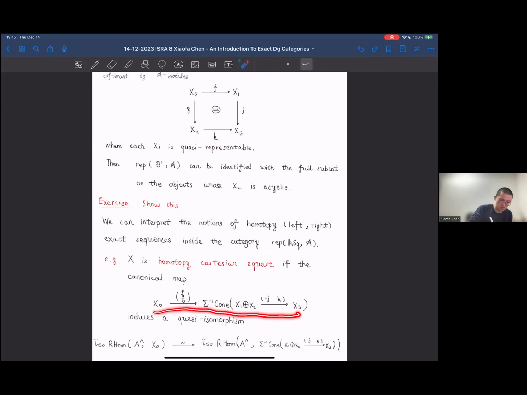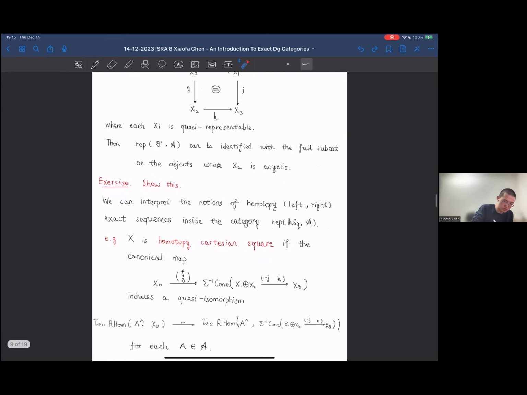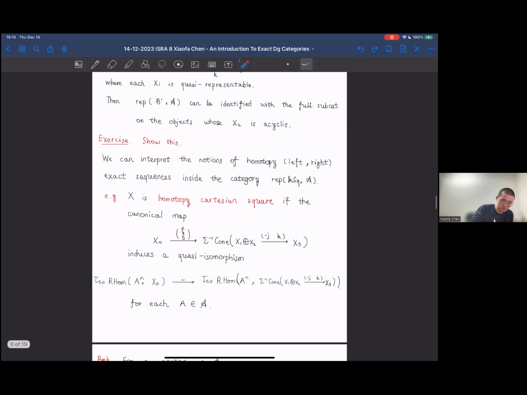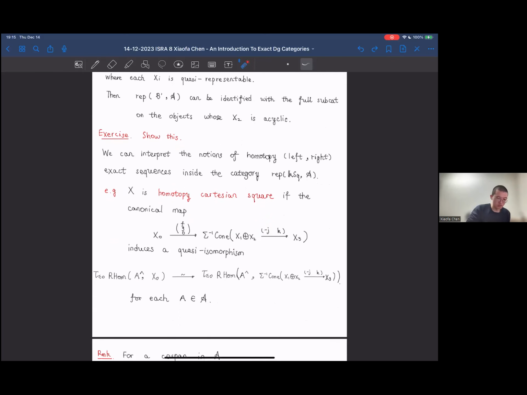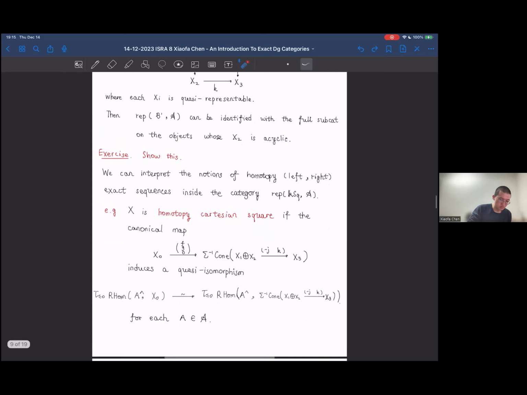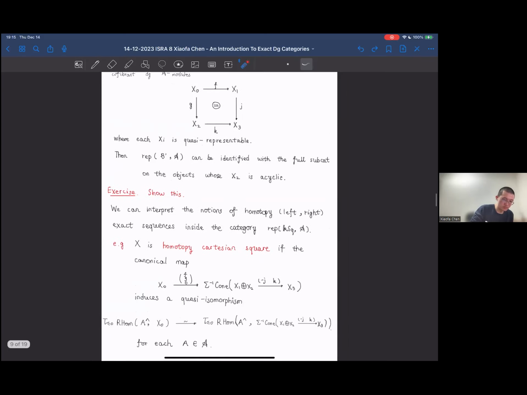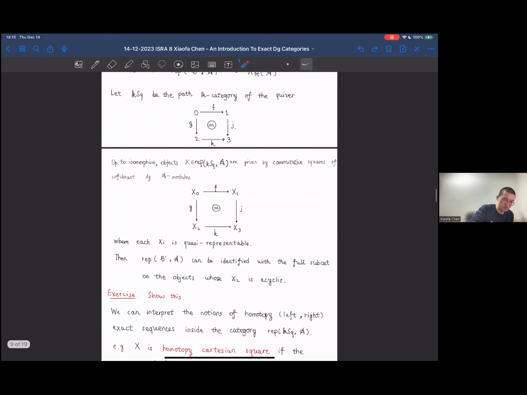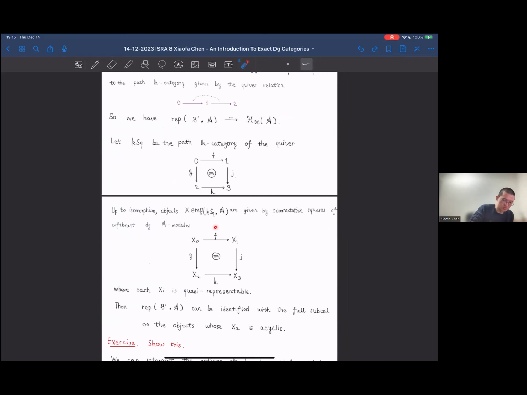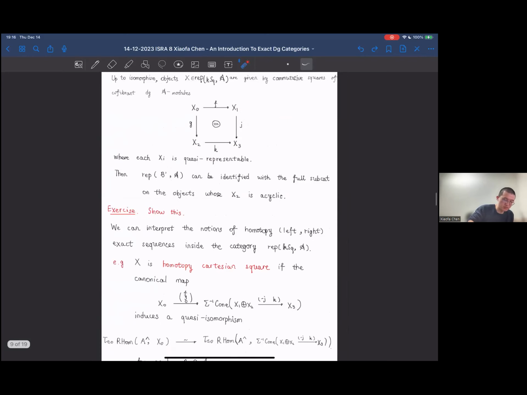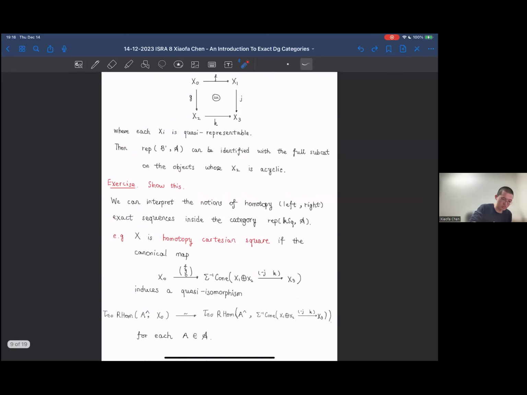It is a homotopy Cartesian square if and only if this is a quasi-isomorphism, inducing a quasi-isomorphism between these two complexes. We can also define a homotopy co-Cartesian square by first identifying objects in three-term homotopy complexes with squares of DG A-modules, and then interpreting the conditions here.